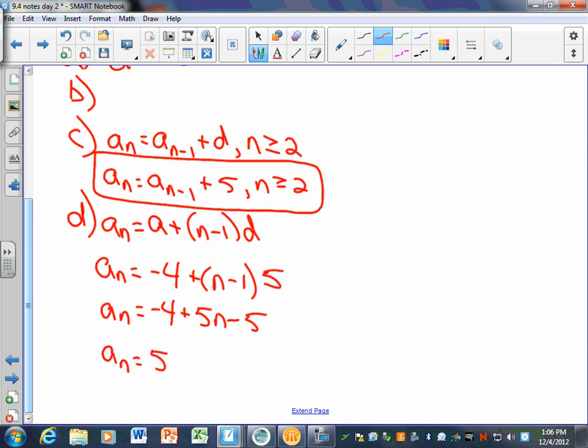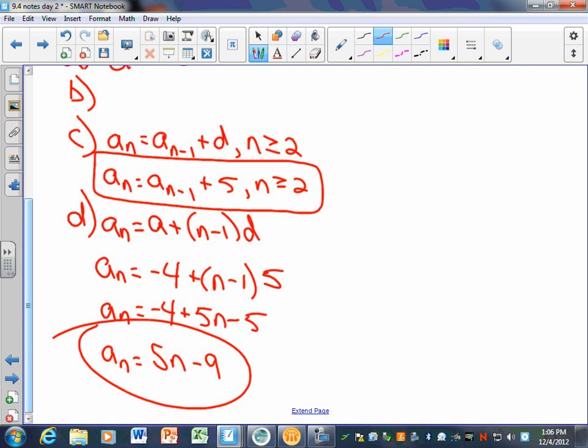Or that would be 5n minus 9, not 59. Which means we have found a formula for both the recursively defined sequence and the explicitly defined sequence.